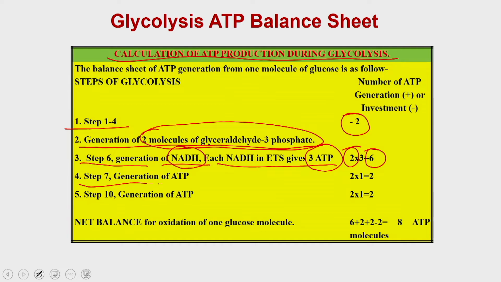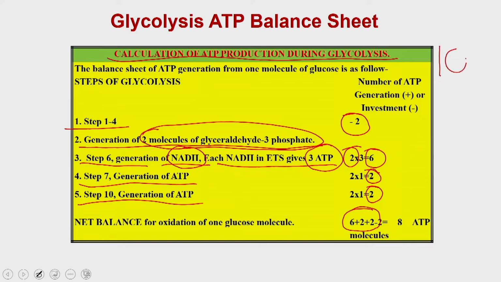Then in step 7 you are going to generate 1 ATP molecule, which means you are going to generate 2 ATP molecules, and in the last step when the pyruvate is going to be generated, you are going to generate another 2 ATP molecules. Ultimately, what will be the total production of ATP from glucose?